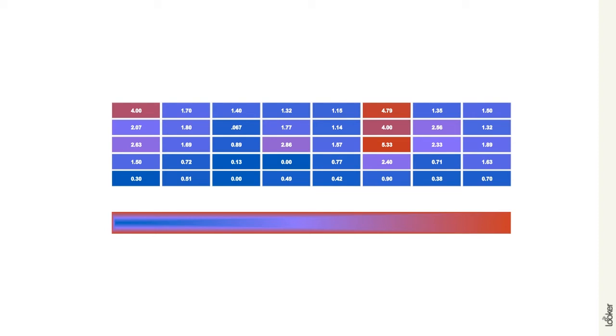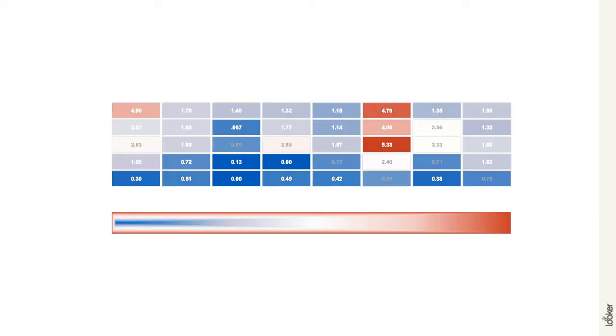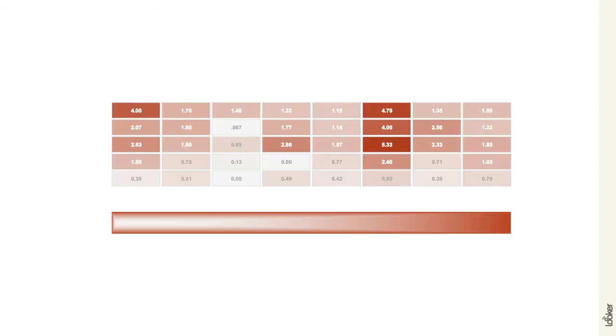But maybe this isn't actually how we want to communicate that. Maybe we want to have a middle range and call that out so we can see the lows, the middles, and the highs. Maybe we want to reverse that color scale and highlight the reds and have those low numbers at 0 and pink as our middle. And what we're doing here is just playing with the color ramp, playing with the color range and how those palettes are drawn.